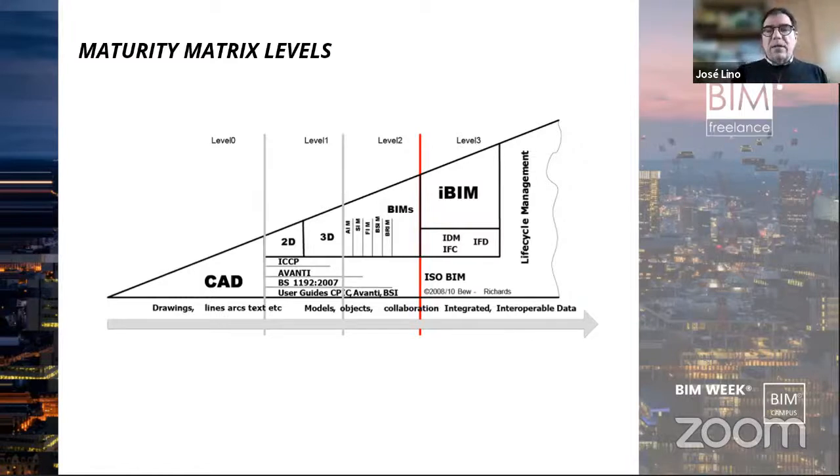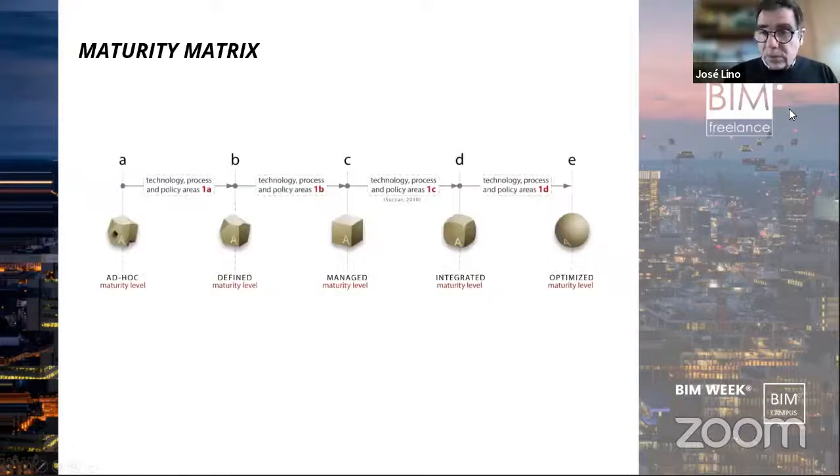But next slide, please. When we go to measuring individuals, we usually measure in 5 steps. When you have nothing, it is ad hoc, that's level A, as we have here. B is when you have something defined, the second level of maturity. C is when you have not only defined but managed, you know how to manage this thing.